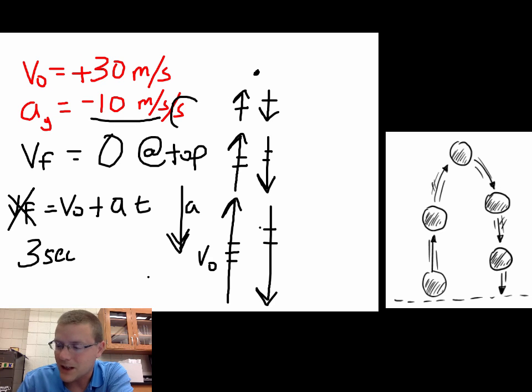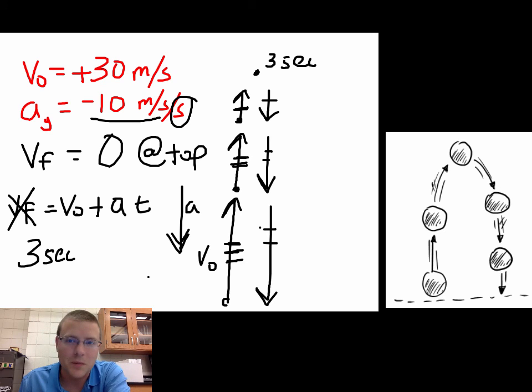So if I'm starting at 30, the next second I must be going 20, the next second I must be going 10, and at the top I must lose the rest of my velocity and be at 0. So here's time 0 at the bottom, 1 second, 2 seconds, 3 seconds to the top.